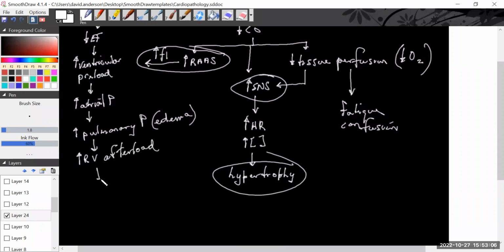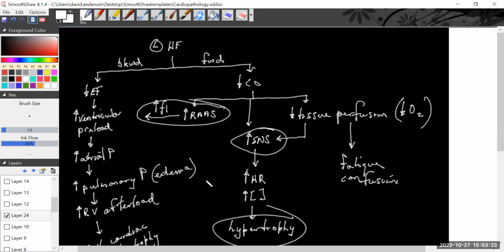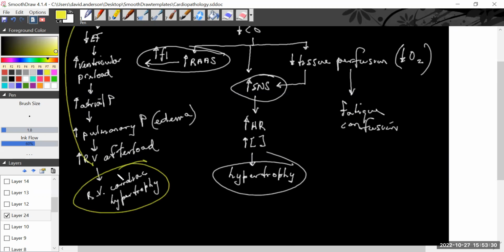And that ultimately will force right ventricular cardiac hypertrophy. So we started with a left problem and we went all the way backwards to create a right-sided problem.